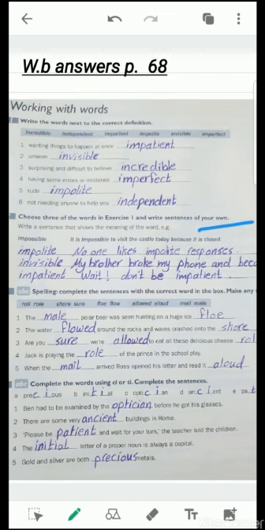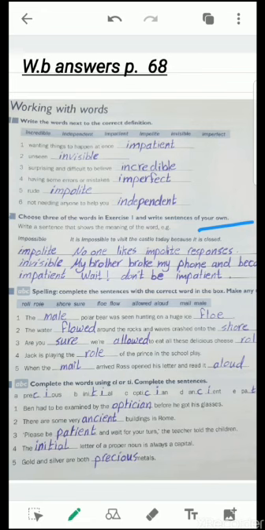Here I have written 3 suggested sentences, so you can write your own sentences. The example is impossible. It's impossible to visit the castle today because it is closed.